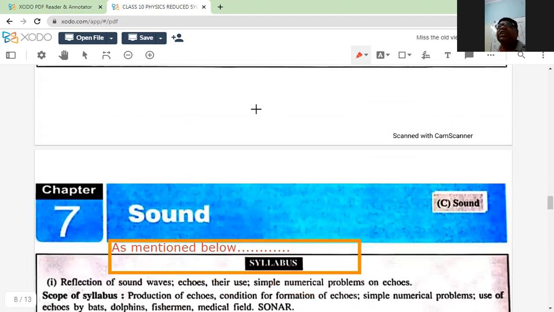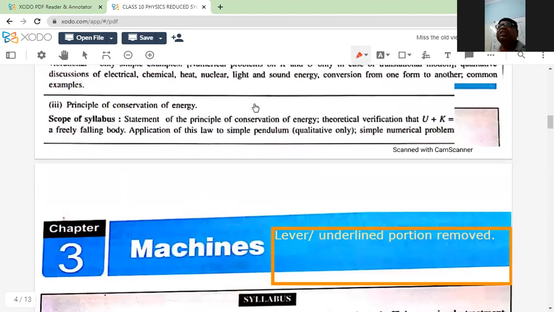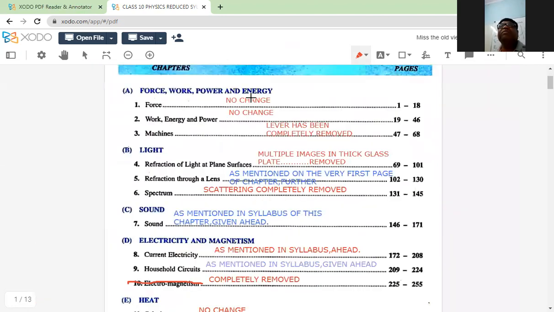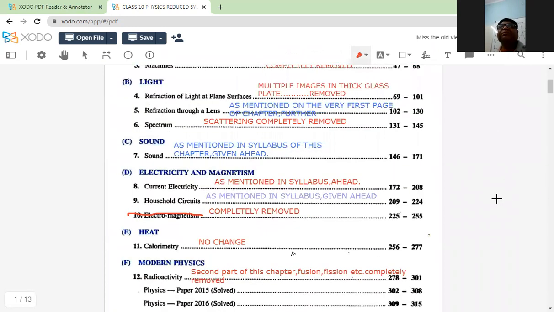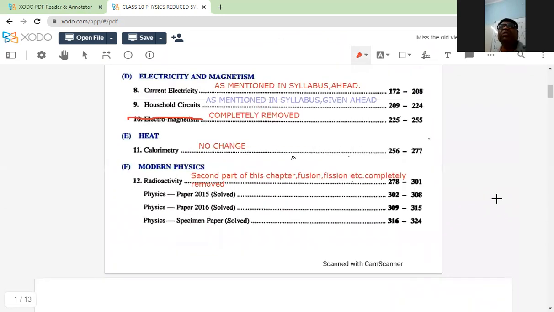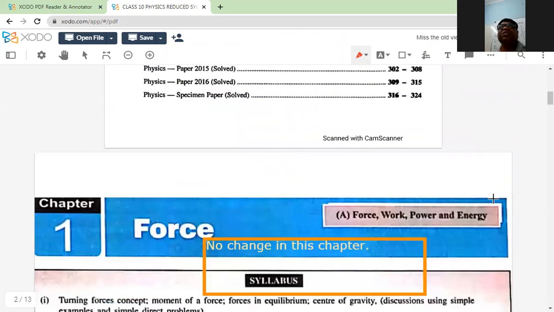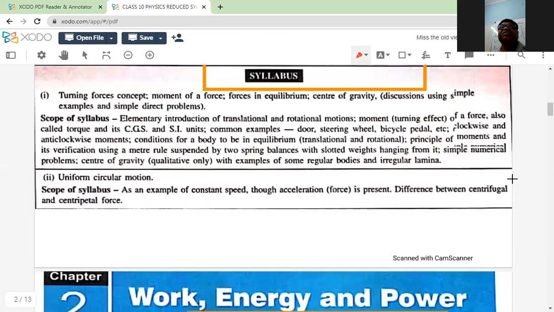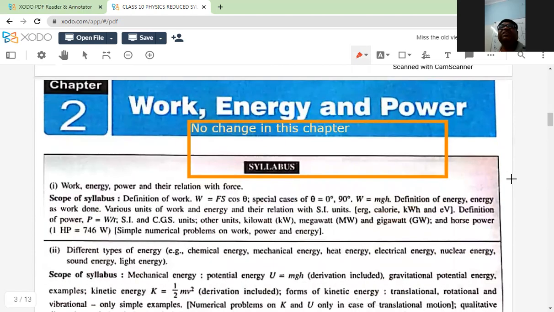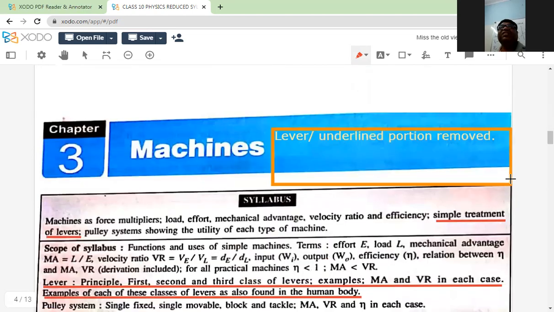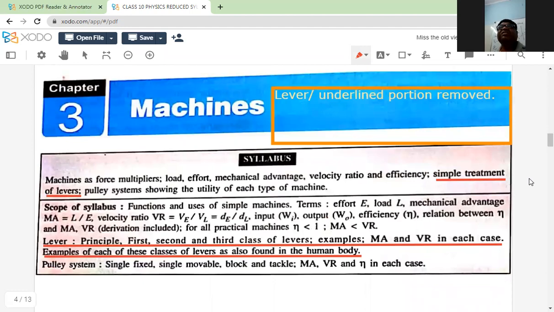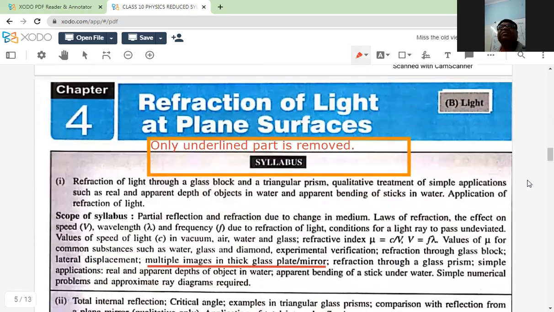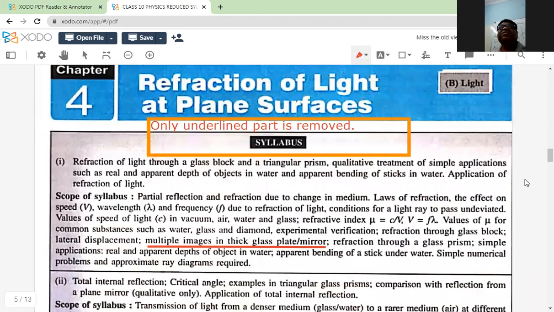I am showing once again from the beginning. You can see it's clear. There will be no problem. Here the summary is given that I am showing to you. If you want to take the screenshot, you can take. Then this is chapter 3. Chapter 4.